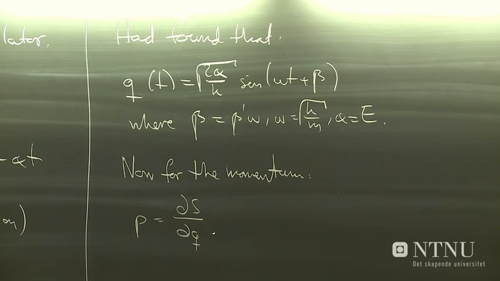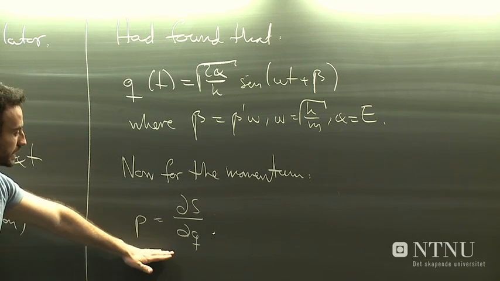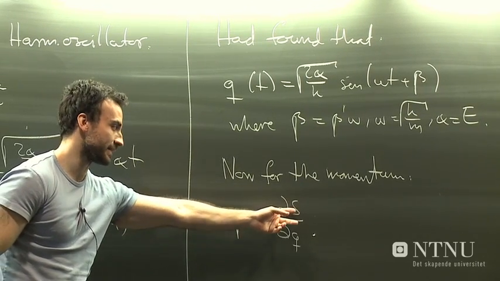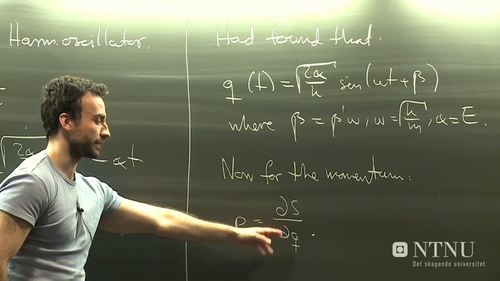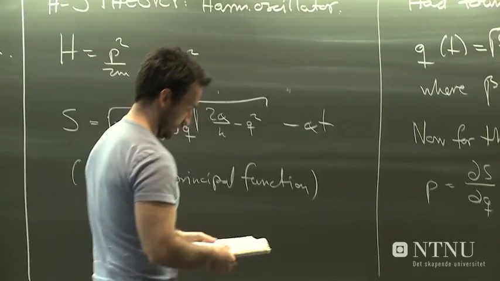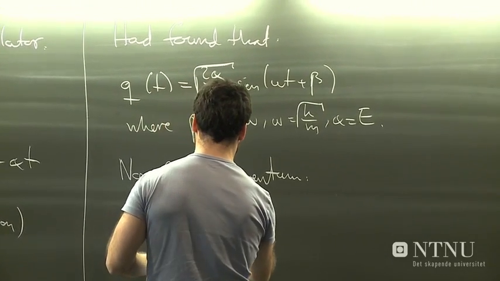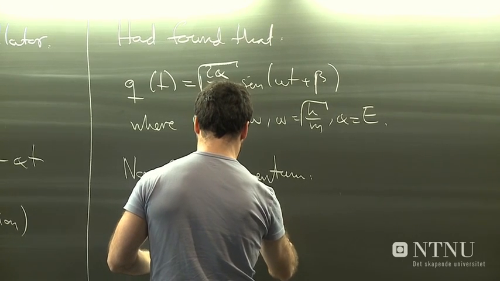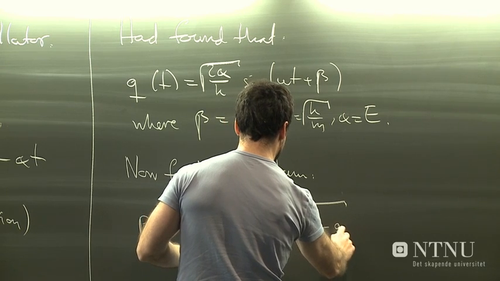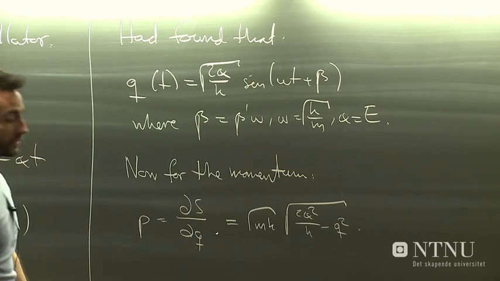And to do this, we just follow our recipe. I believe we listed a 4-step strategy for solving a problem with the Hamilton-Jacobi theory. And the next step is to identify the momentum, having now obtained Hamilton's principal function S, simply by partially deriving it with respect to Q. Which gives us this.